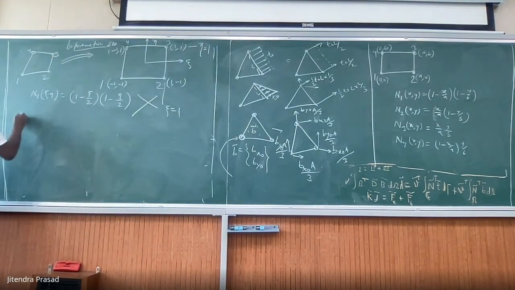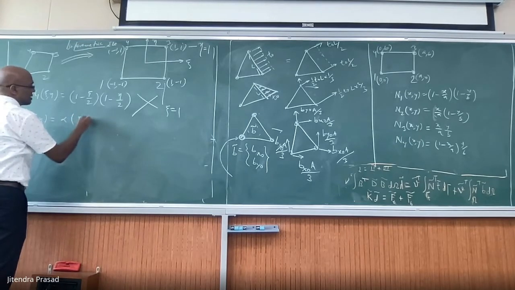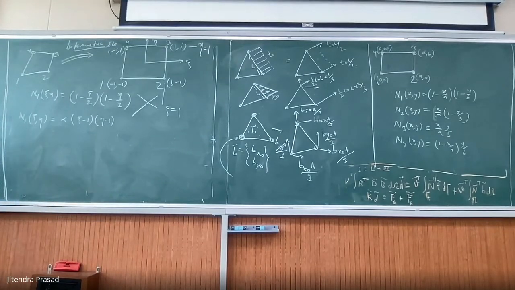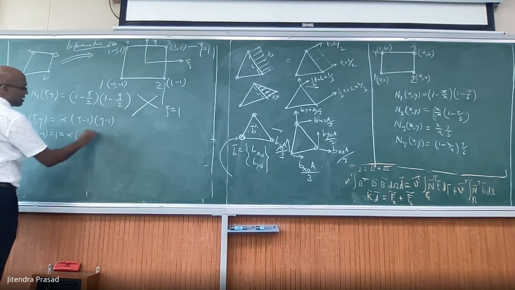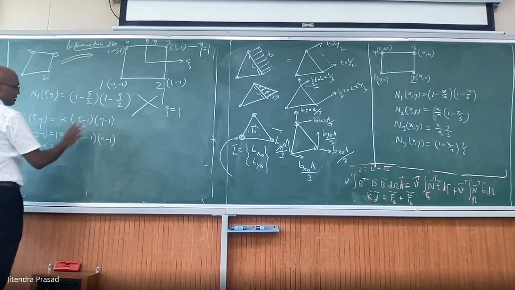So correct is N1(xi, eta) equal to alpha times (xi minus 1)(eta minus 1). That's the correct. Right? And then you put N1 at (-1,-1) equal to 1, equal to alpha times (0 minus 1)... This is not 0, this is minus 1.